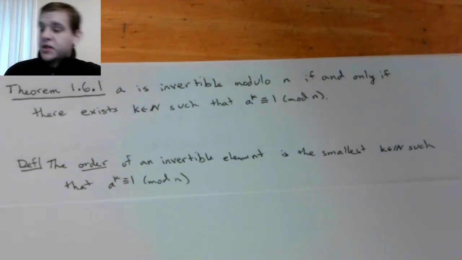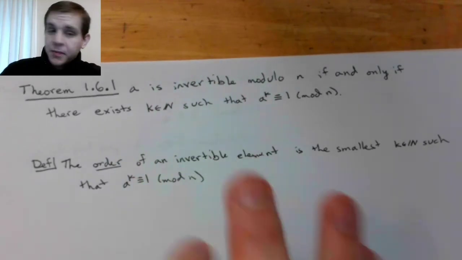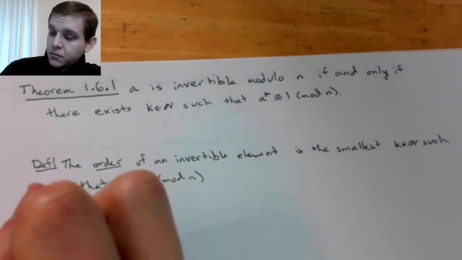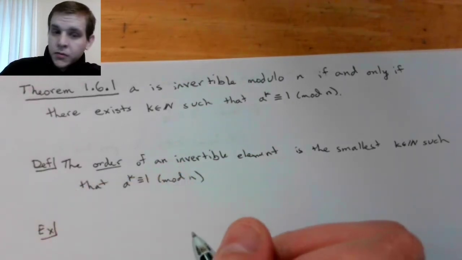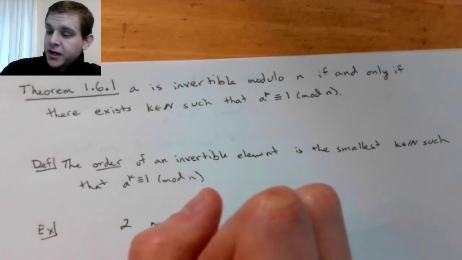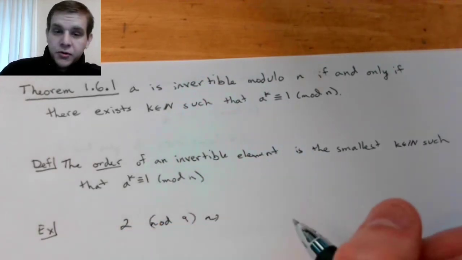So what's the picture here? Let's just draw an example of what's going on before we go into the proof. So for instance, if I consider 2 mod 9, let's compute the order of 2.